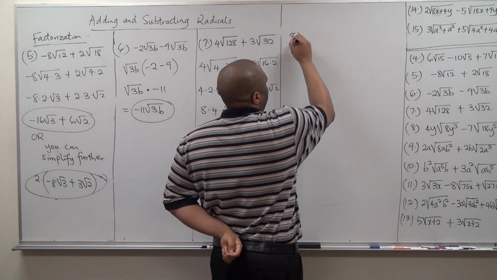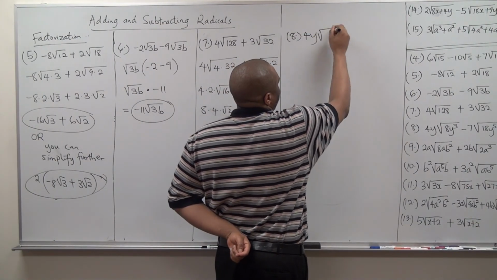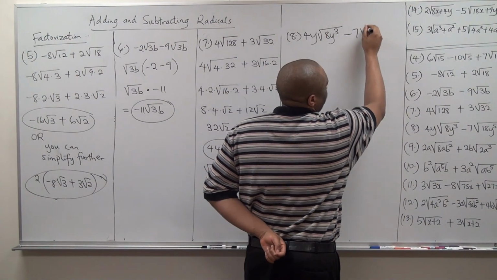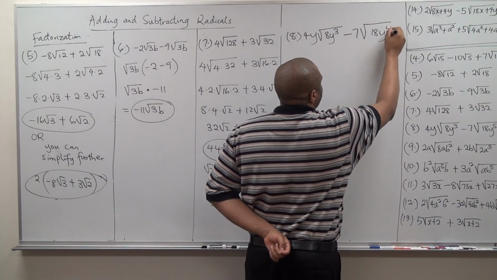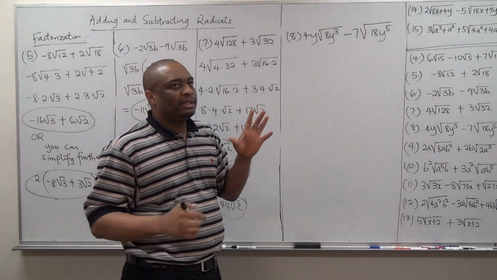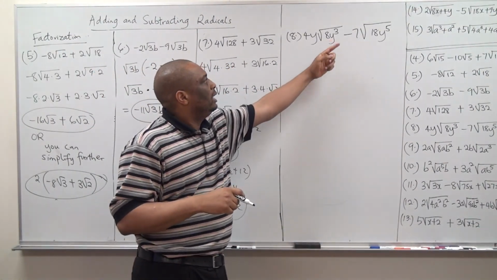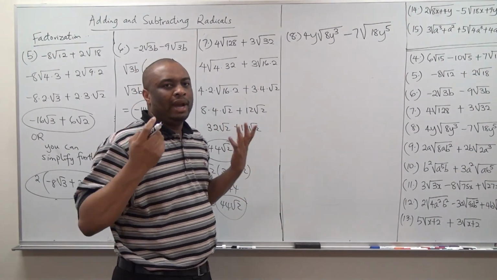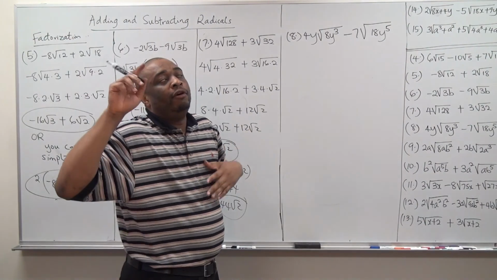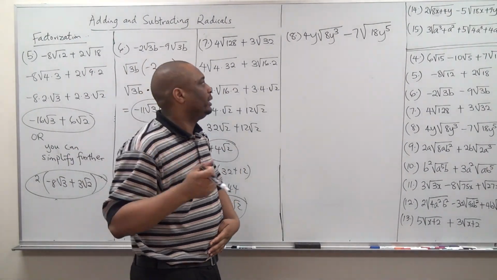Number 8, we have 4y square root of 8y cubed minus 7 square root of 18y to the 5. So in this case, we are going to use the fact when we simplify this that square root of y squared will give us y. And square root of y to the 4 will give us y squared.